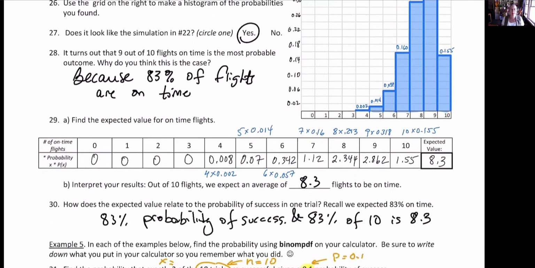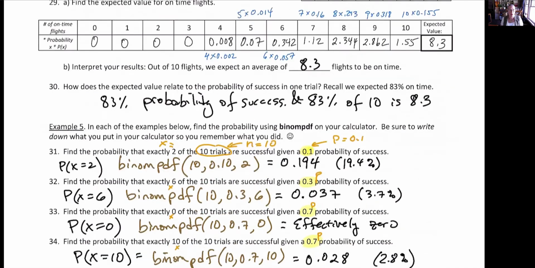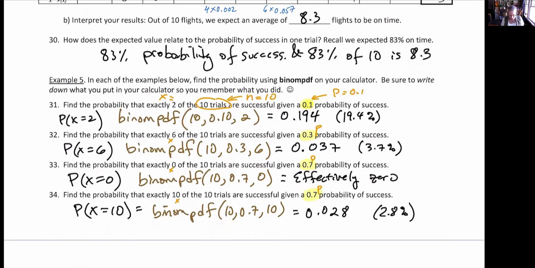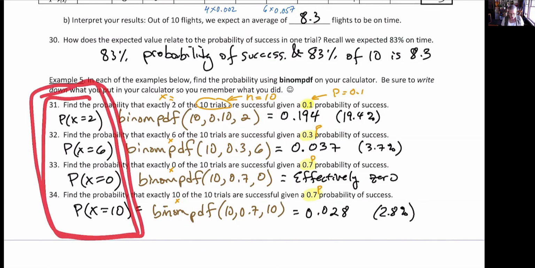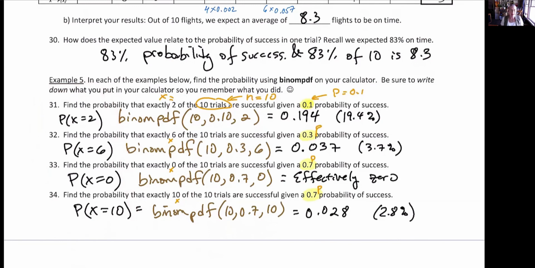Lesson 13 is a continuation of these binomials. In this lesson, we were figuring out the probability of just one of these happening. But in the next lesson, we're going to be figuring out what's called cumulative probabilities: 8 or more flights are on time, or less than 6 flights are on time. So instead of just finding one, we're going to do more than one. If you look at your calculator, we were using Binom PDF.